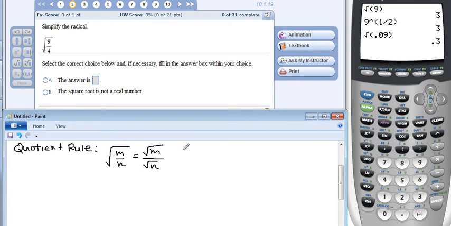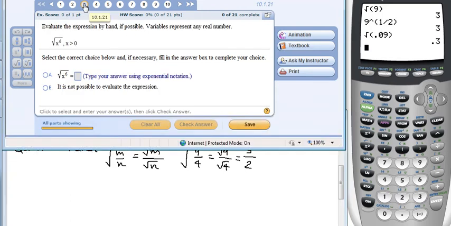So for this one, I've got the square root of 9/4, and that can be considered the square root of 9 over the square root of 4. And these I can do in my head. I know that 3 times 3 is 9 and 2 times 2 is 4. So I've got 3 halves on that. Okay?